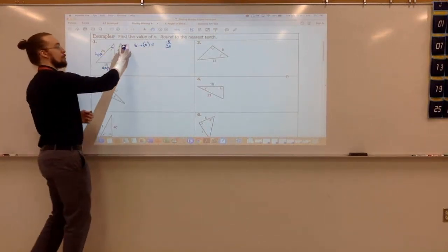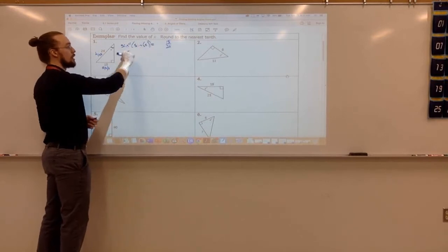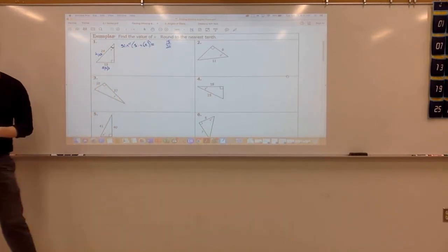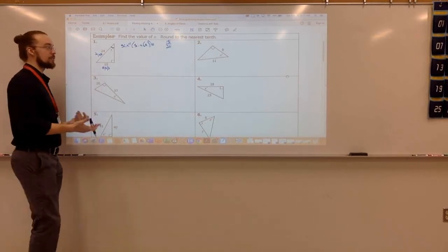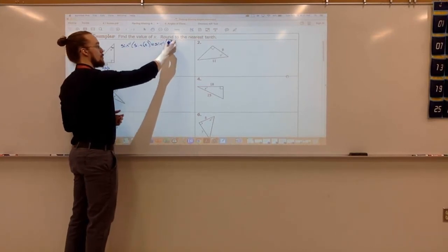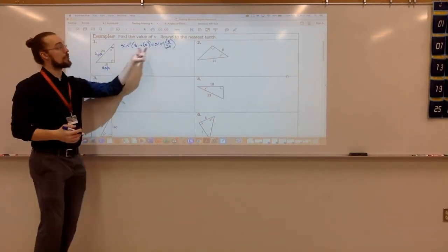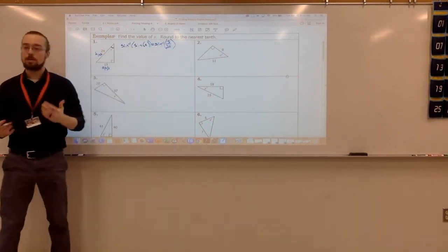If you look on your calculator, inverse sine is that sine with that little, it looks like a -1 power. It's not actually a negative first power, but that's what it looks like. That's just our notation for the inverse. So I'm going to take the inverse sine of both sides.